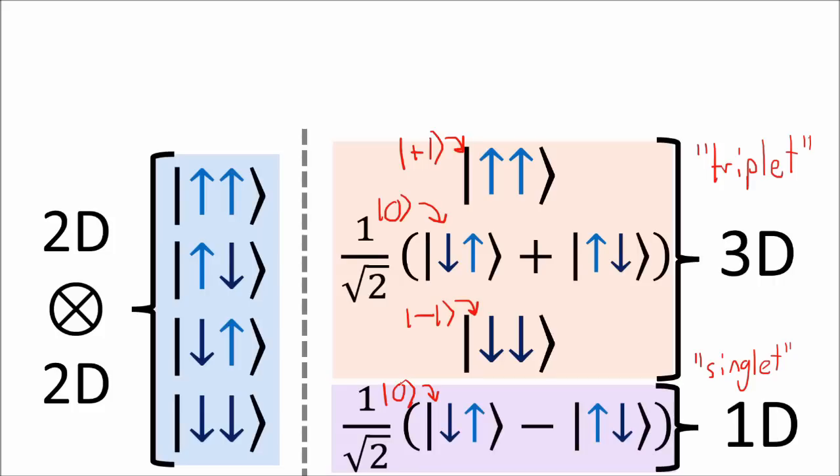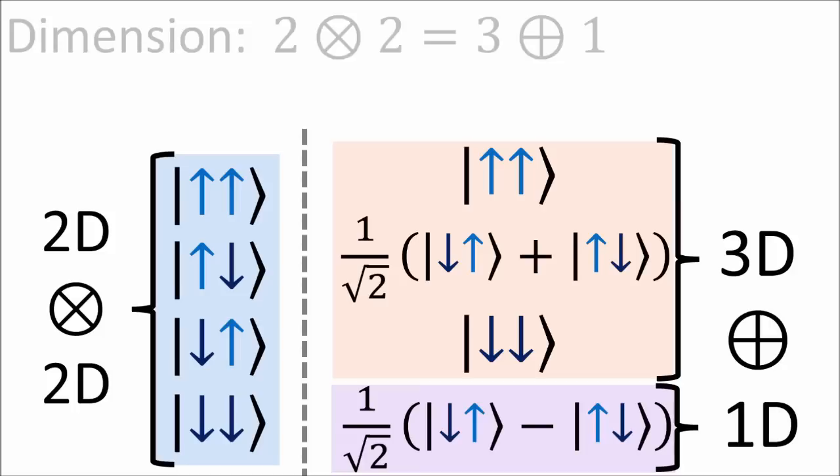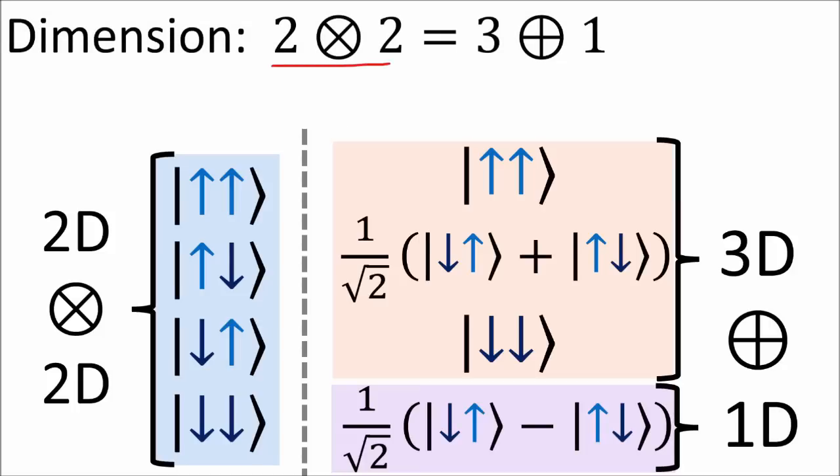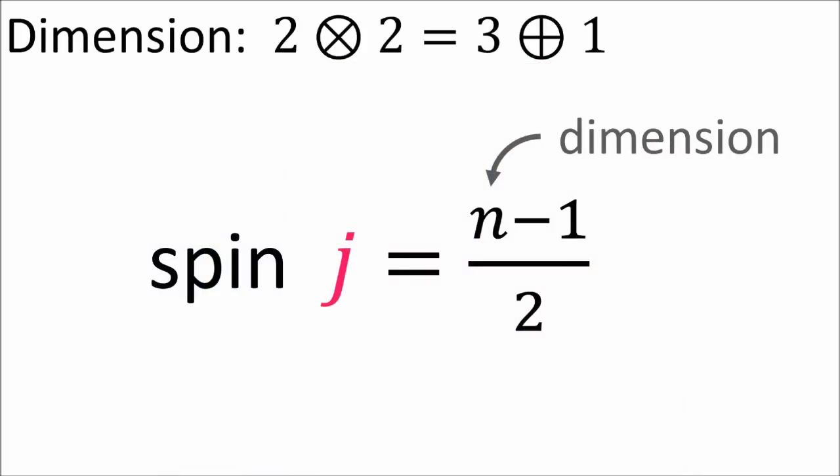So the tensor product of a pair of 2D representations of SU2 decomposes into the direct sum of a 3D representation of SU2 and a 1D representation of SU2. We often write this fact as 2 tensor 2 equals 3 sum 1. And remember, we can get the spin number j of a representation by taking the dimension n of the representation, subtracting 1, and dividing by 2.